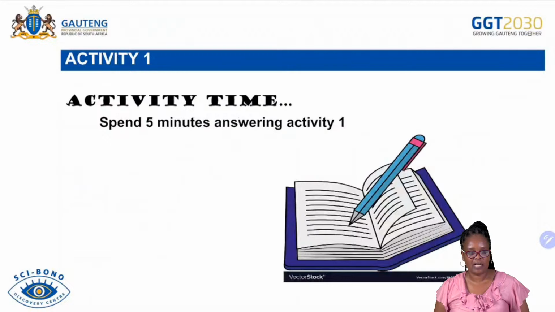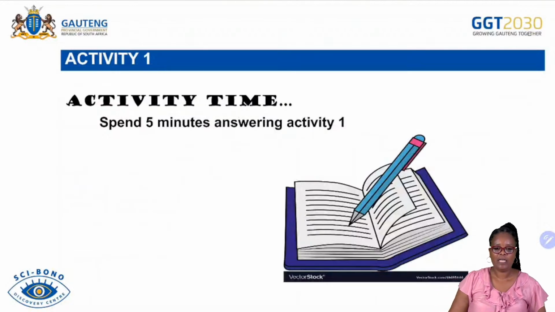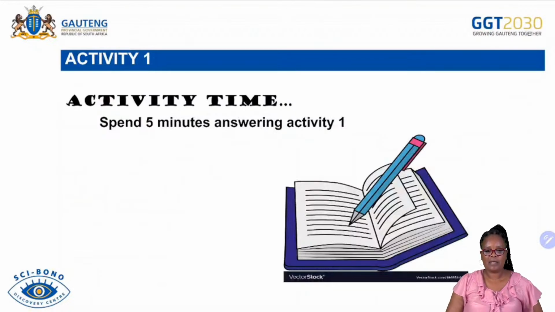Before we start with the timer, I want you to know that the activity is about remembering what we have just talked about. And the activity is a multiple choice type of question.